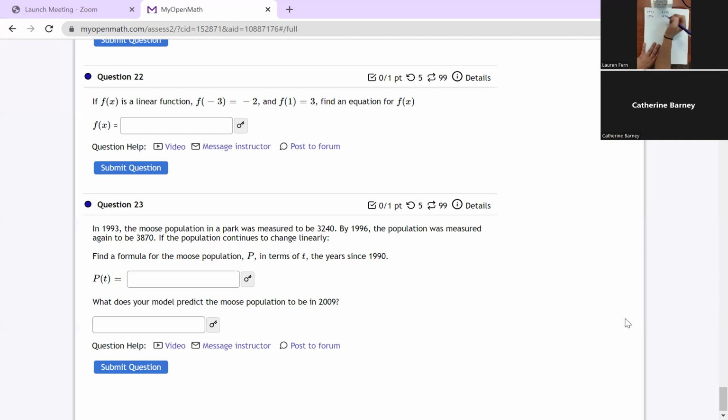Notice we're assuming that the population changes linearly. So we're going to want to find the equation of a line, i.e. find our slope and intercept. And notice that they tell us how they want T to be defined. T is the number of years since 1990.